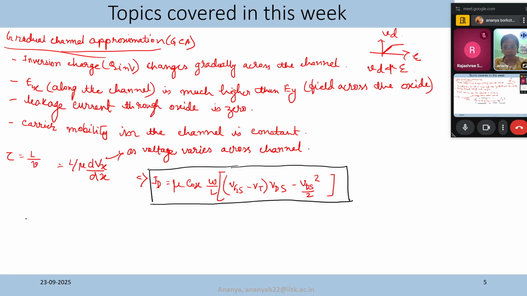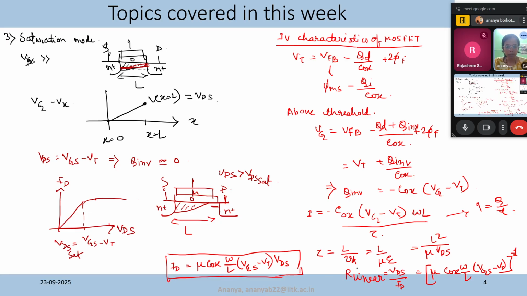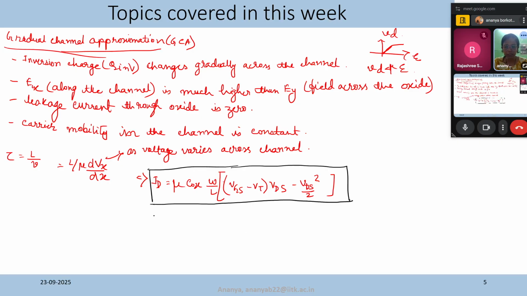Now, ultimately we said that this is our current expression for linear mode of operation. Let's see if this current expression becomes that one if we consider linear mode of operation. And what is the condition for linear mode of operation? For linear mode of operation, our VDS is actually very small, right?